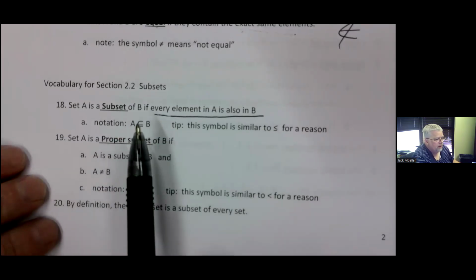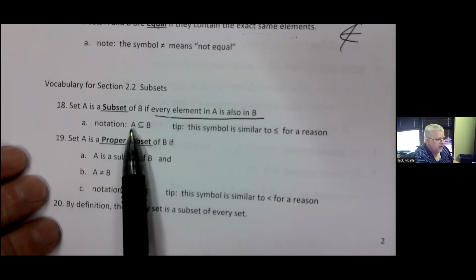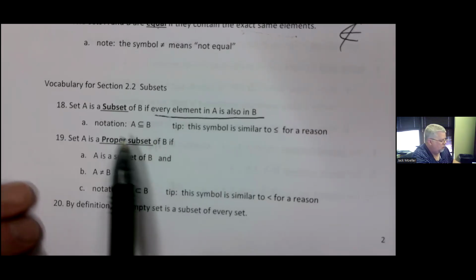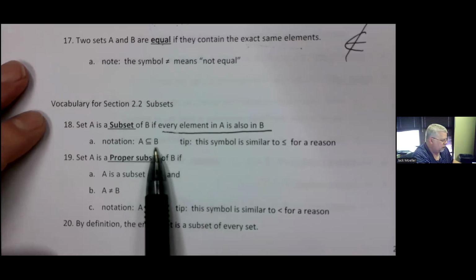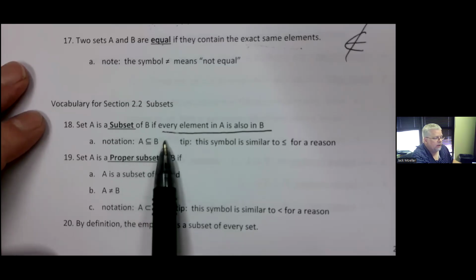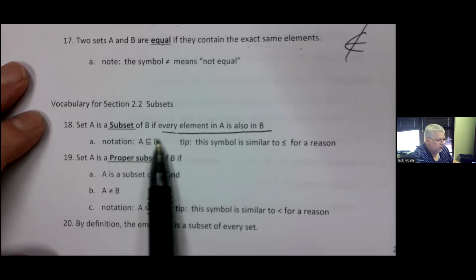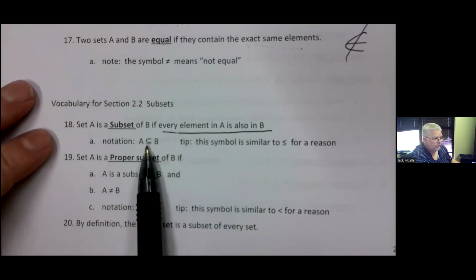So if we have a subset where every element in A is in B, the notation is A is a subset of B. We always read this from left to right. We don't care so much about what's in B. We care about what's in A and how it relates to B. So B can be a lot bigger or maybe a little bit bigger, or it can be equal. So that is the actual definition of a subset.